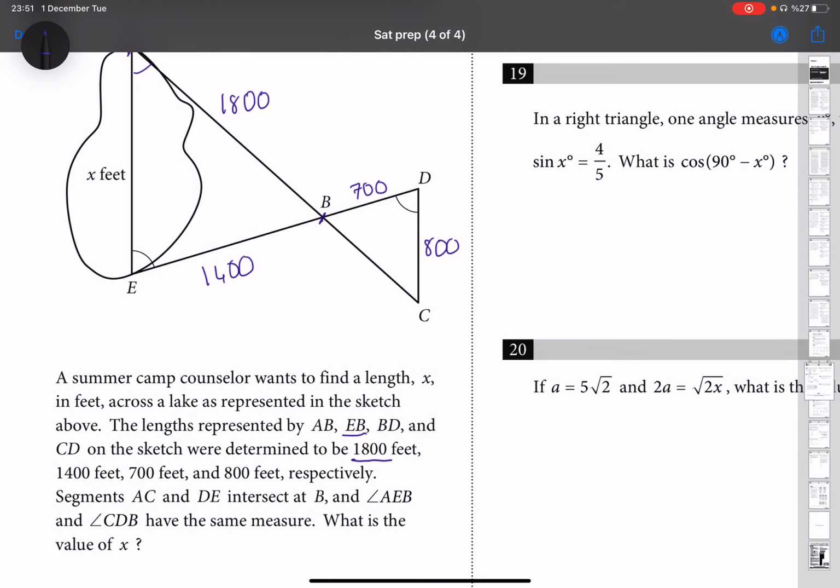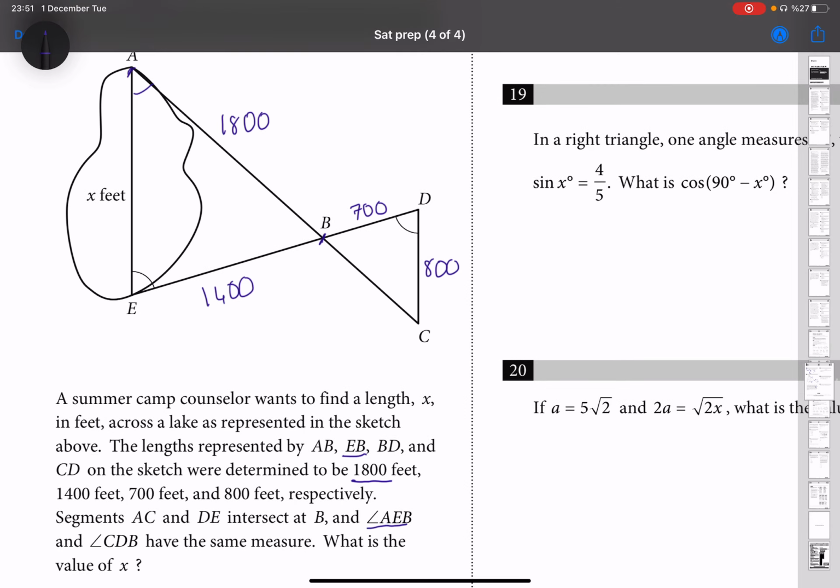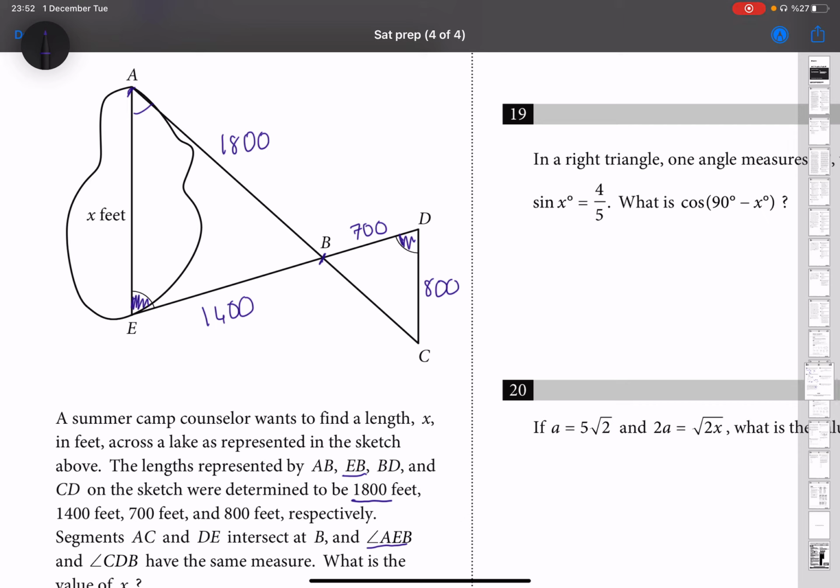The question also tells me that the angle AEB, this one, has the same value as CDB, this one. So let's give them names. If I say this angle is A, this angle is also A. I know that in this type of situation at intersects, the angles are equal.